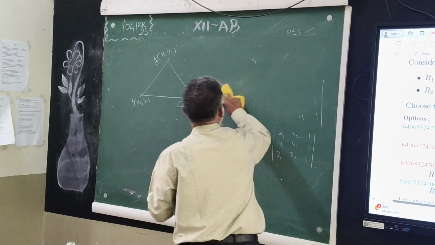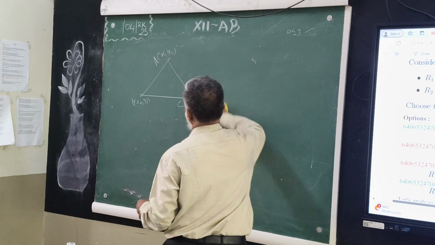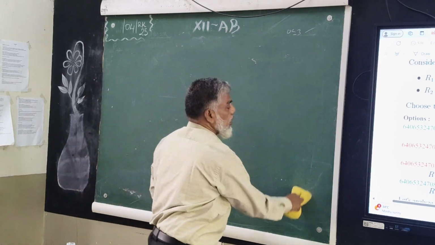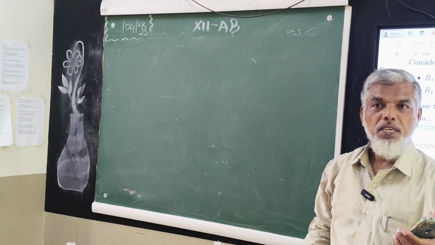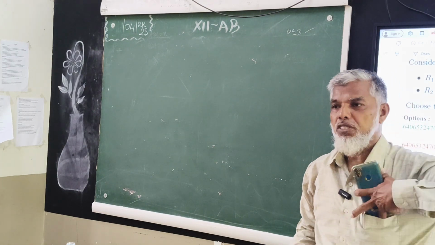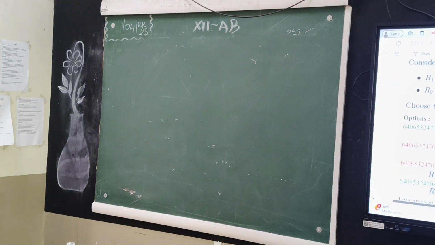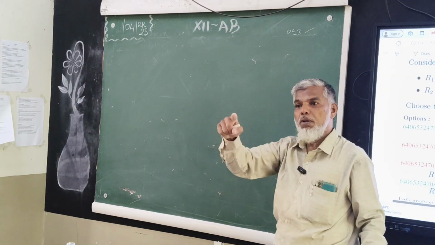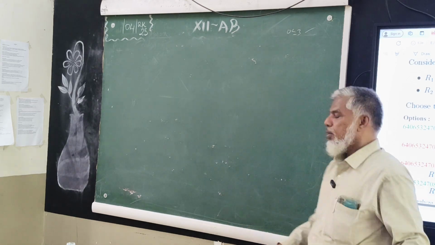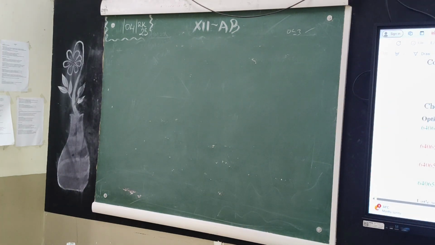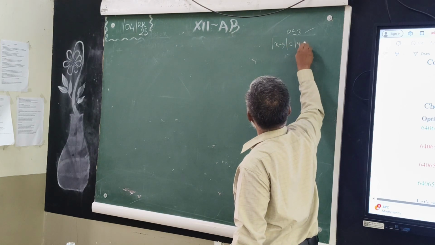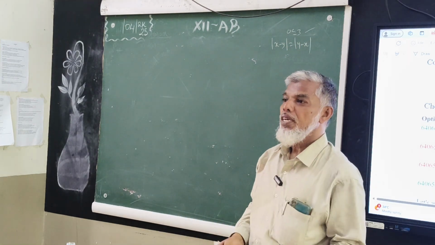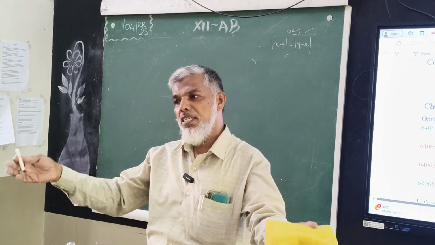What is the second condition? Symmetry. Symmetry means if (x, y) belongs to R, then (y, x) also belongs to R. So modulus of x minus y equals modulus of y minus x, because if you take a modulus, if it is negative, I will take the positive.